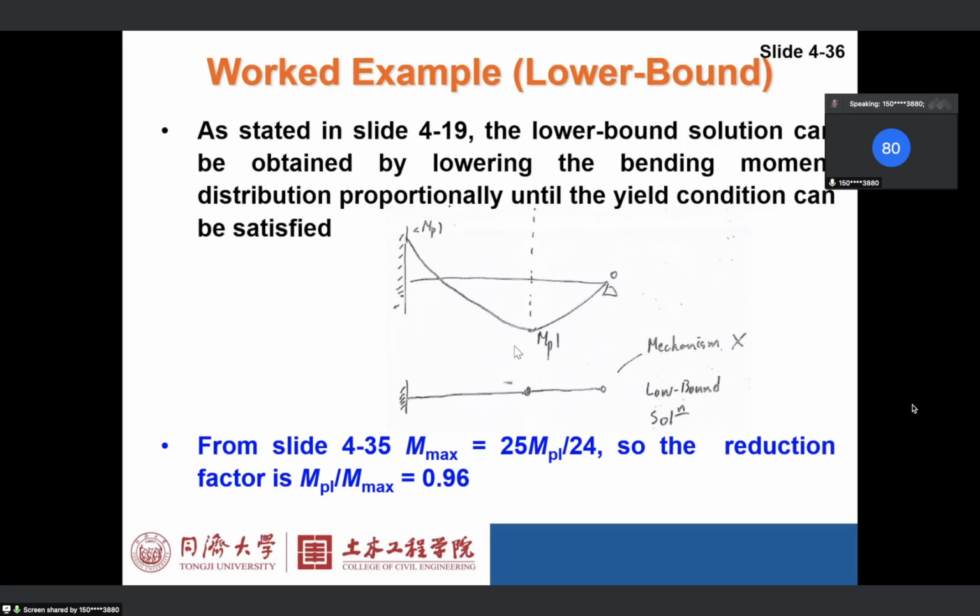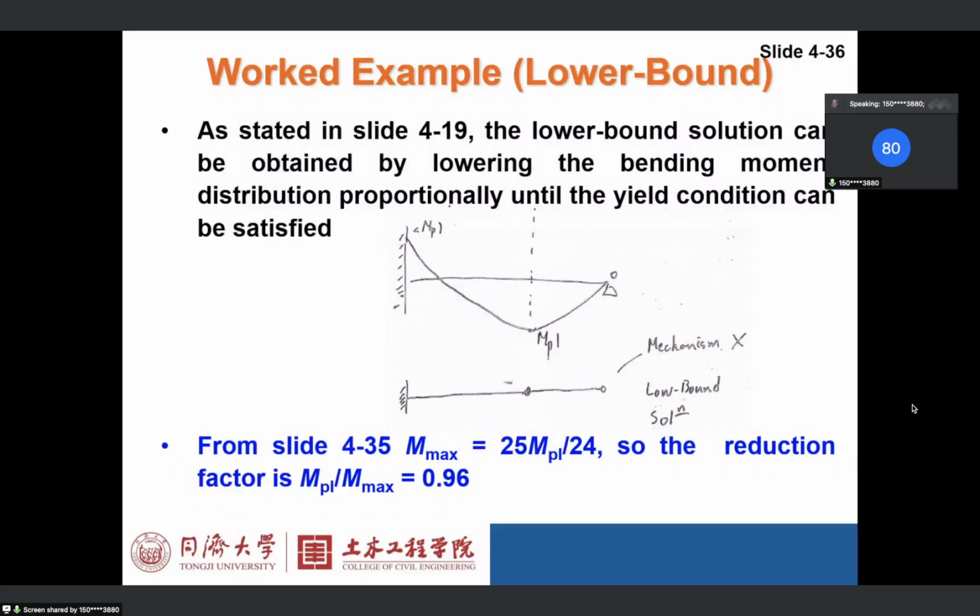If you want to repeat your calculation, it's fine. Originally, you assume your plastic hinge happens here, right? Now you just move it a little bit to here, maybe say 7.7 over 12 of length L. And then you do everything again.